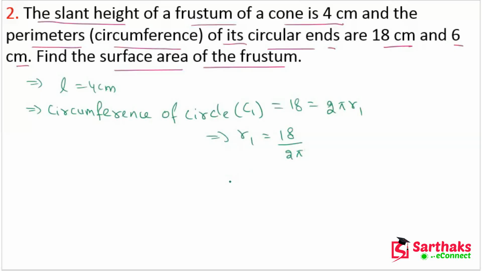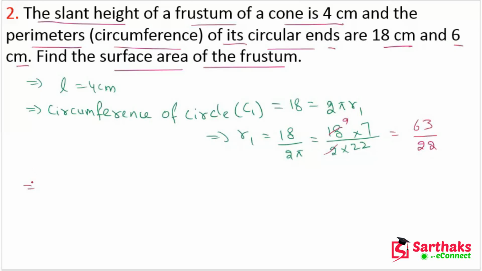This will become 18 upon 2 into 22 into 7. If you solve this, we get 9, so we have 9 into 7 is 63 upon 22.